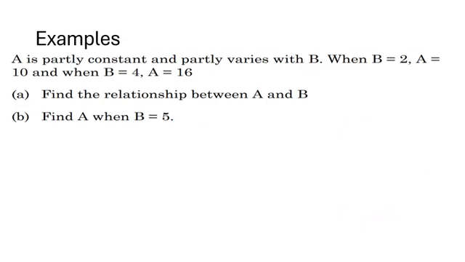They're saying A is partly constant and partly varies with B. The first thing we need to understand from this statement is that A will be equal to, let's say, a constant a, plus something that partly varies with B. Because we have put an equal sign there, for the part that varies with B we need to include a constant.